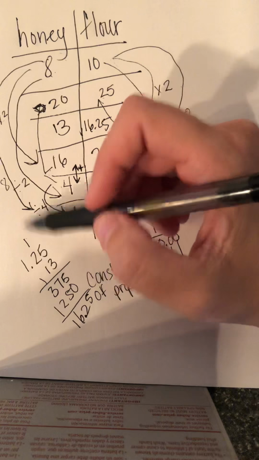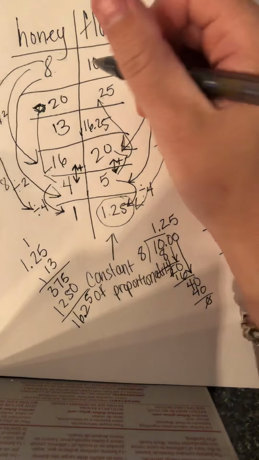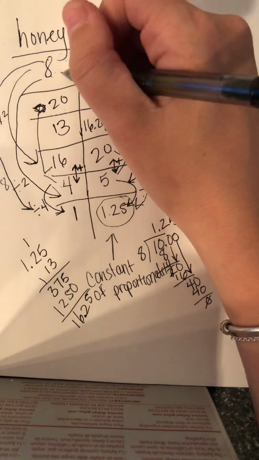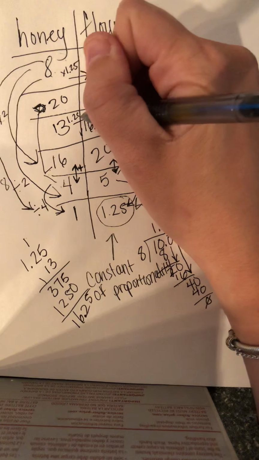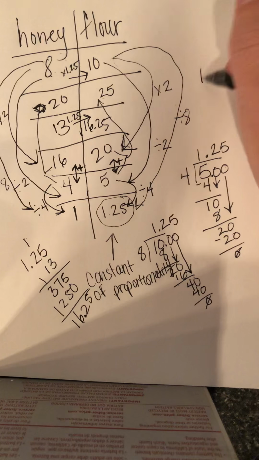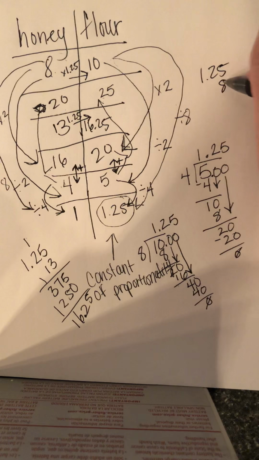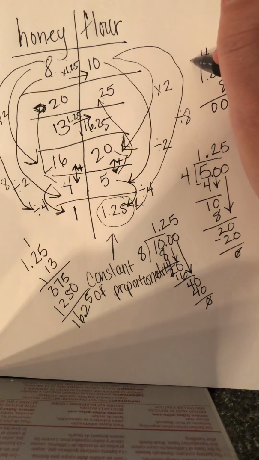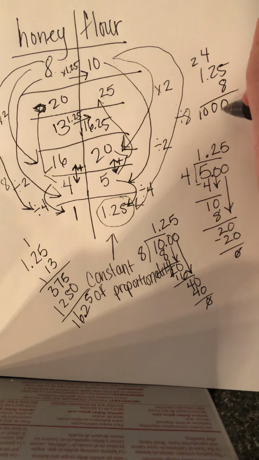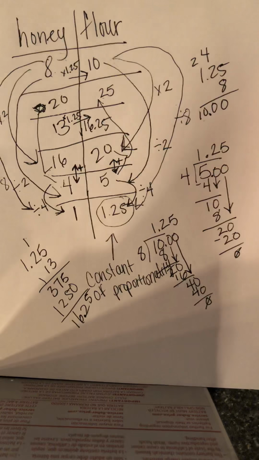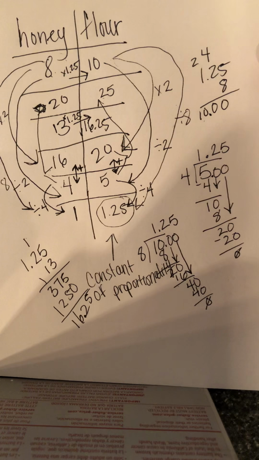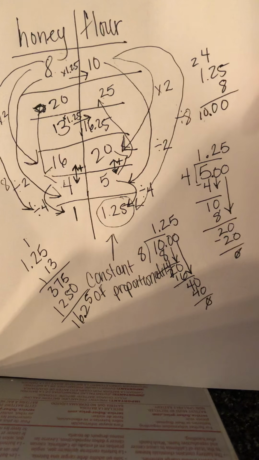If you took 1.25 times 8, you would get 10, because it is the constant of proportionality on the whole table. Just to prove that, I will do it very quickly. Come in 2 decimal places, and I have 10. It works all the way down. So that is how you would figure out that table.